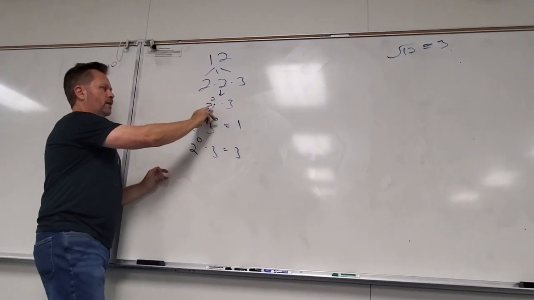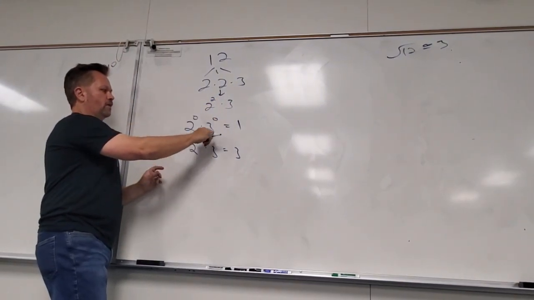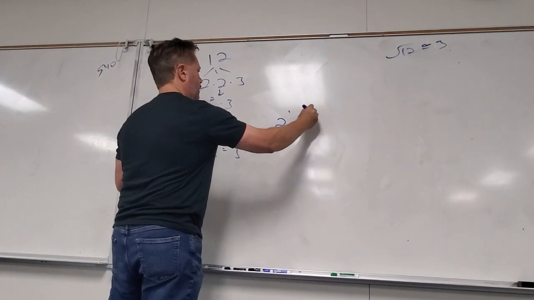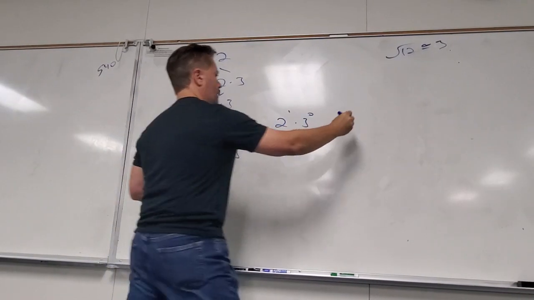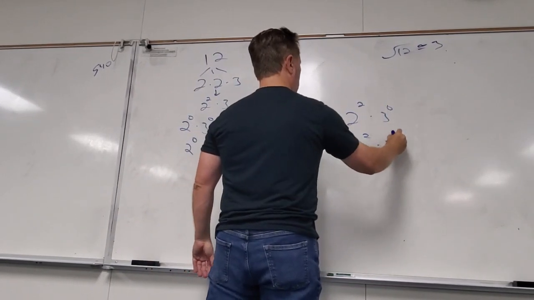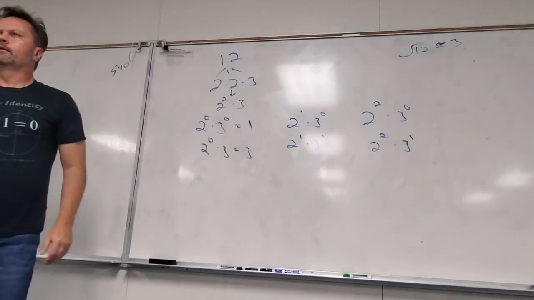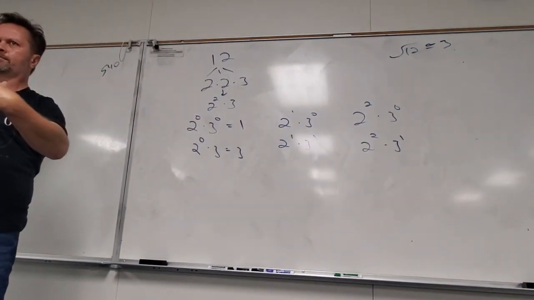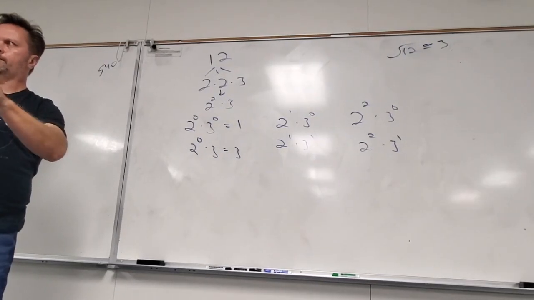All right, I want you to be with me. So I could either take no 2s and then all the possible 3s. I could take 1 2 and then have no 3s, 1 3. And then I can take 2 2s, no 3s, 1 3. That's all the ways it can combine these parts. Stop for a minute.